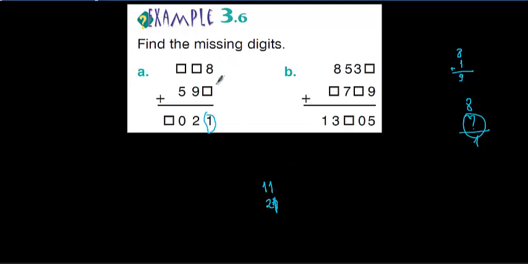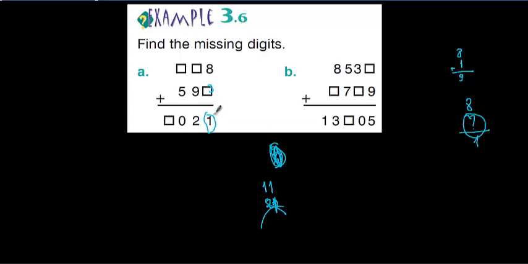But when you add two digits, the maximum is 9 plus 9, which is equal to 18. So the maximum sum of two digits is 18, and 8 plus something must be less than 18, so 21 cannot be. Then the number that gives us 11 when you add 8 is 3. So 3 plus 8 is equal to 11.